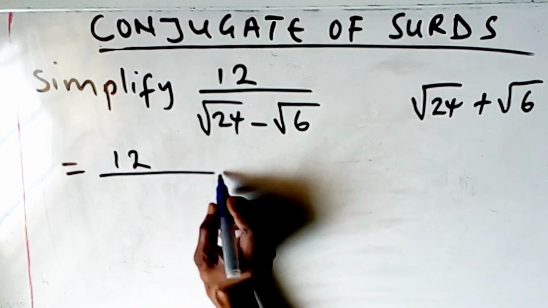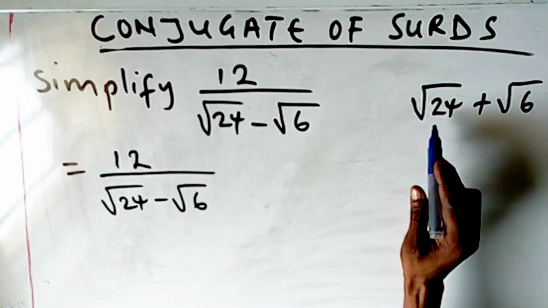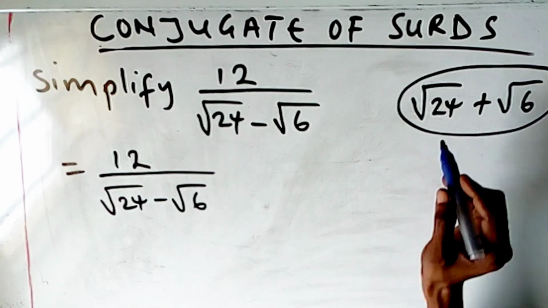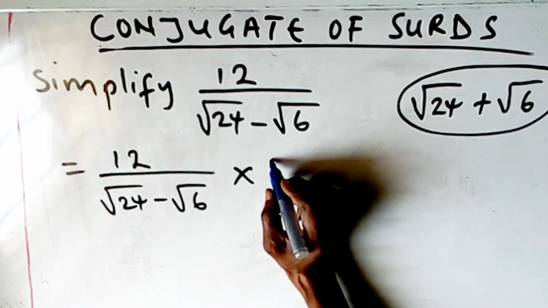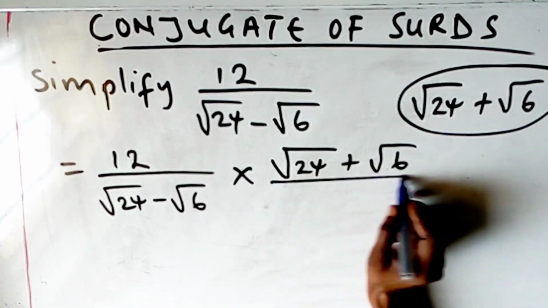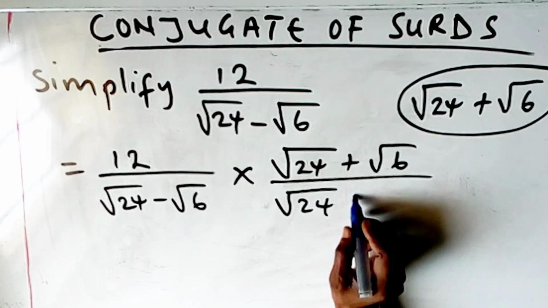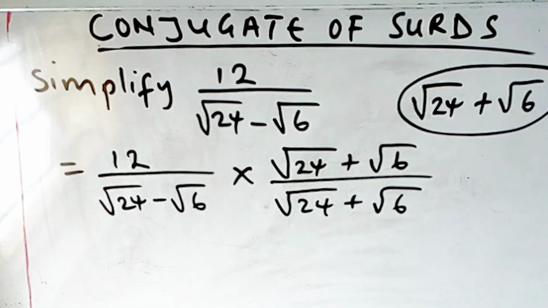So what we're going to do here now is we're going to use the conjugate to multiply the numerator and the denominator. Remember, the conjugate again is root 24 plus root 6. So we're going to use it to multiply the numerator and the denominator. That is what you can see me doing there.